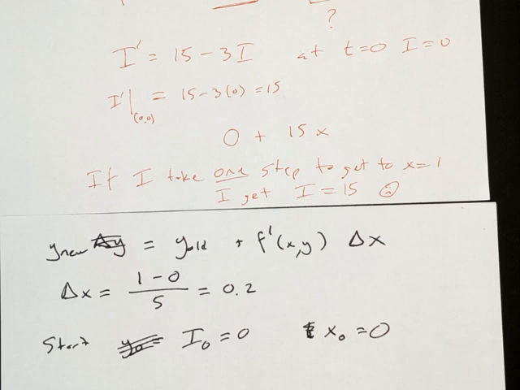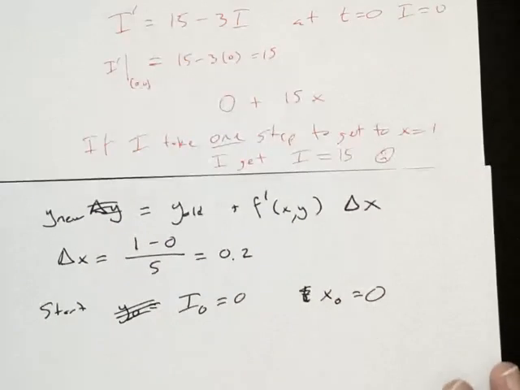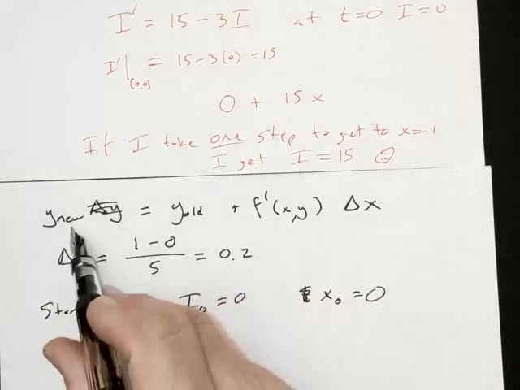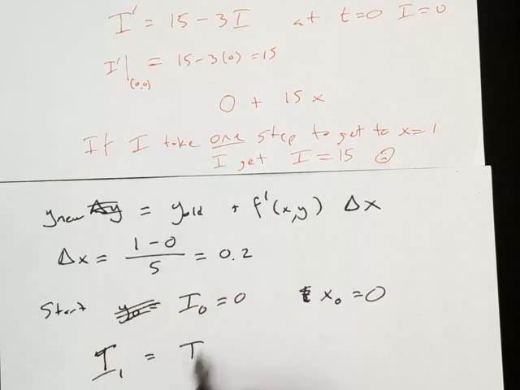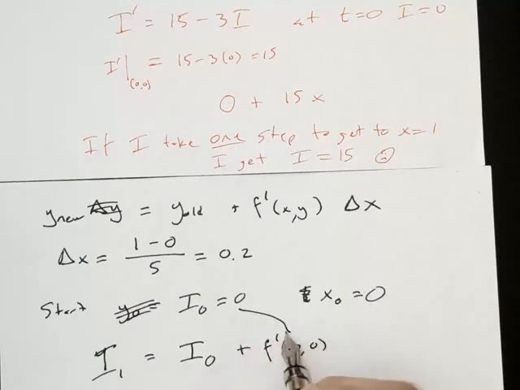When you throw the switch, there's no electricity, time starts. I say, okay, to get the new value, I take the old value and I take the slope at the old values.